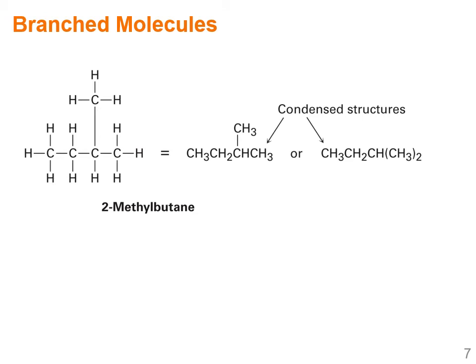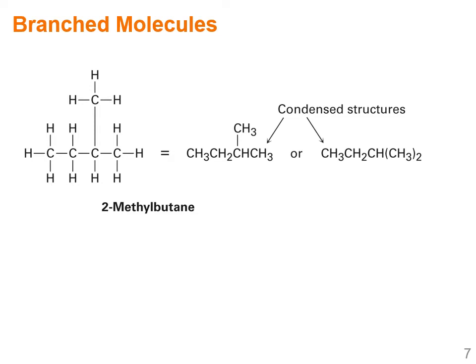If you have a branched molecule such as this, a branch is a split from the main chain. The main chain contains 4 carbons, but from this carbon, there's a split. It's branching. So this is a branched compound. You can show the attachment to the branching point by a bond and write its condensed formula.